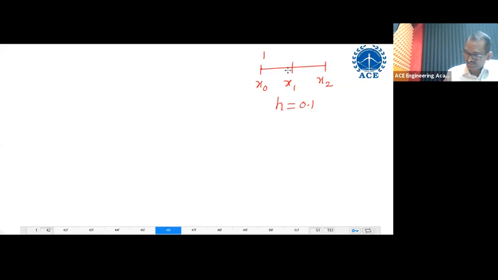If every subinterval length is 0.1, then x1 should be 1.1, since 1.1 minus 1 is 0.1. And this next value is 1.2, since 1.2 minus 1.1 is 0.1. That is the way.